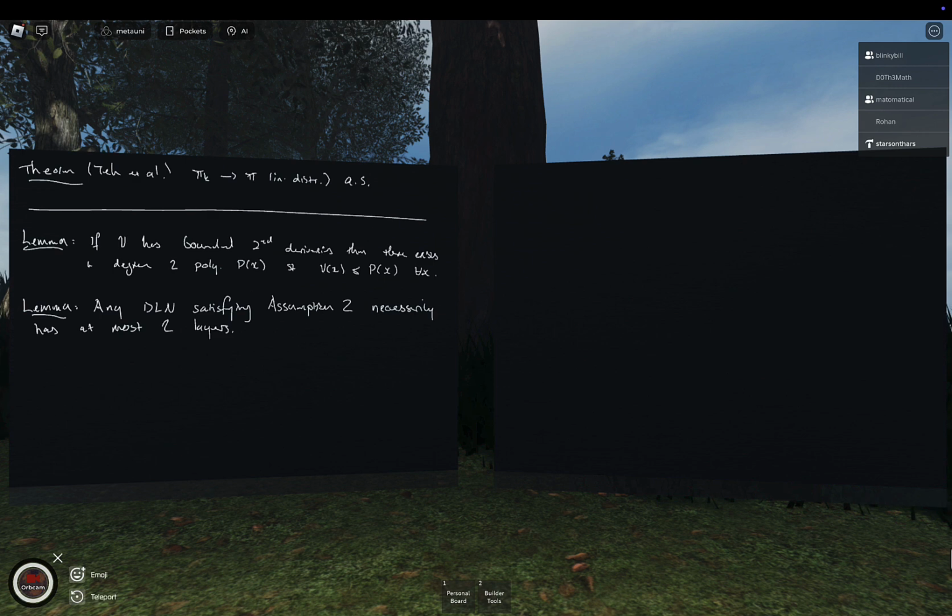I'm not sure. At least when I first read it, here's how I understand this assumption. V's job in condition 2 is to control the tails of the gradient of log of the true distribution.